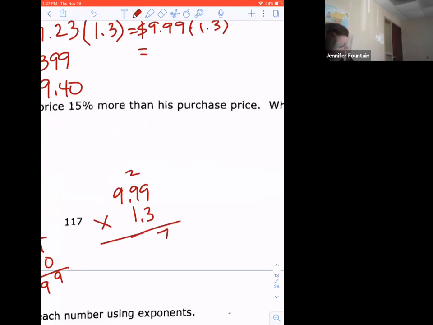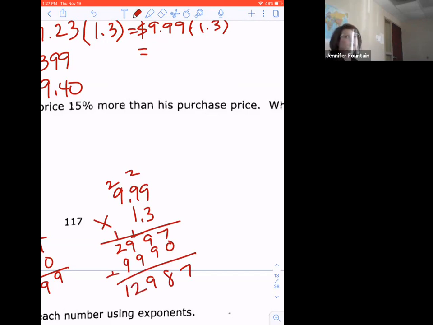Put down my 7, carry my 2. 9 times 3 is 27 plus 2 is 29. Put down my 9, carry my 2. 9 times 3 is 27 plus 2 is 29. Placeholder 0, then I have 9, 9, 9. Add them up. 7, 9, and 9 is 18. Carry my 1. 9 and 9 is 18 plus 1 is 19. Carry my 1. 9 and 1 is 10 plus 2 is 12.